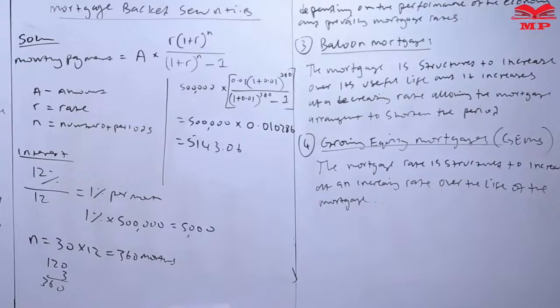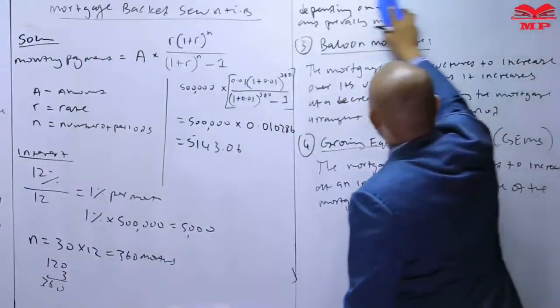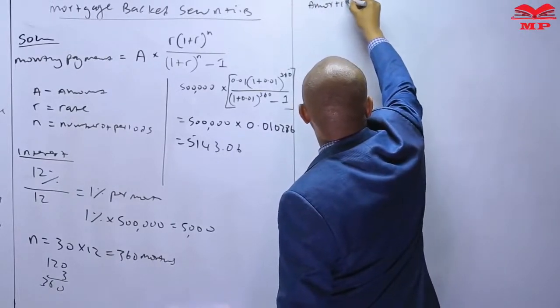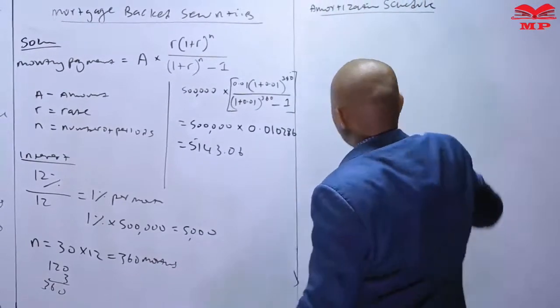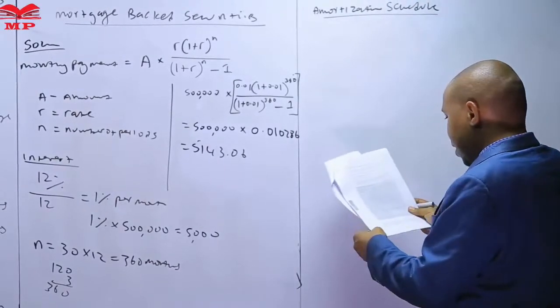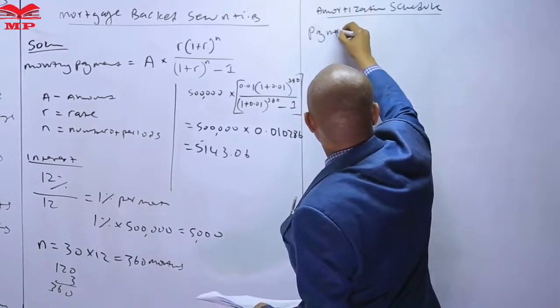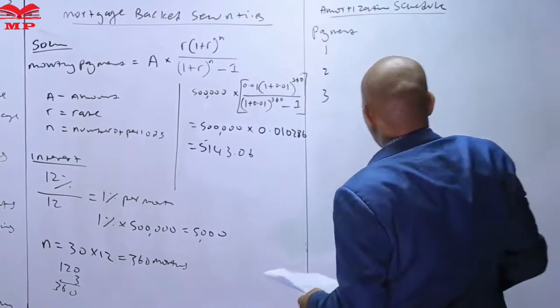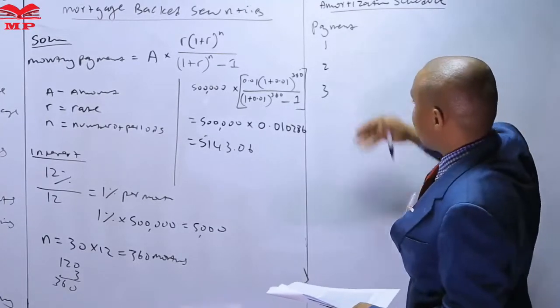And looking at the question there, we can now draw an amortization schedule there. So let's draw the amortization schedule. The first thing we can see is that we have the payment period. We'll have 3 payments, 1, 2, and 3, because we are preparing for 3 monthly payments, or the payments which have been conducted for 3 months.